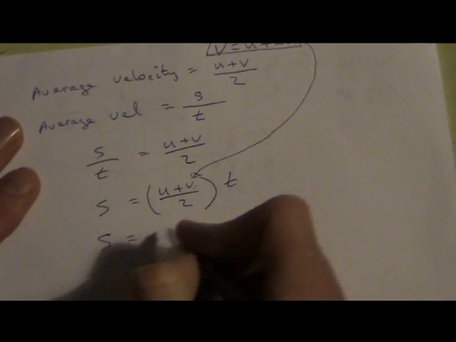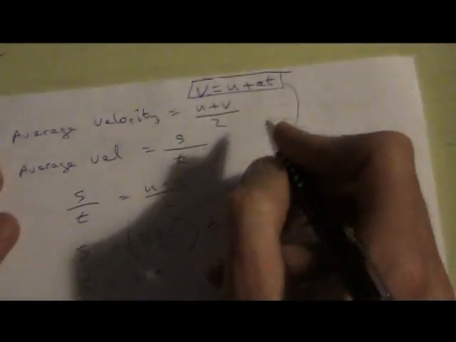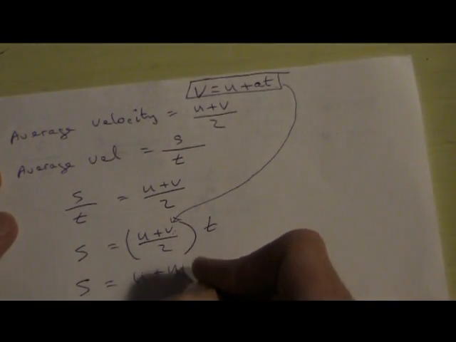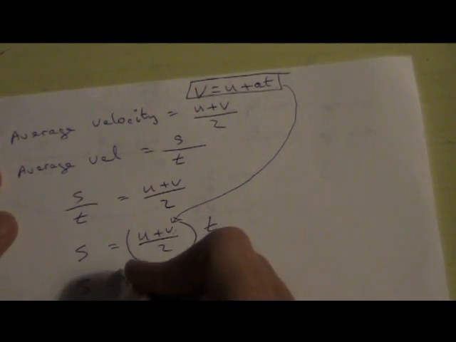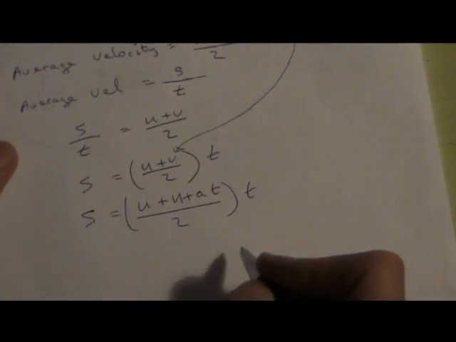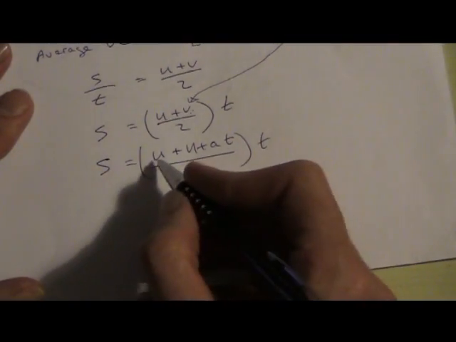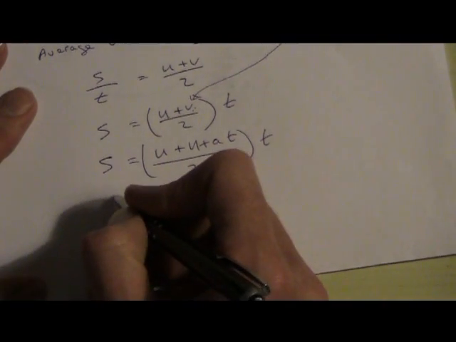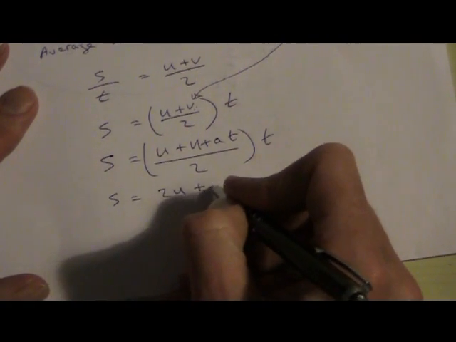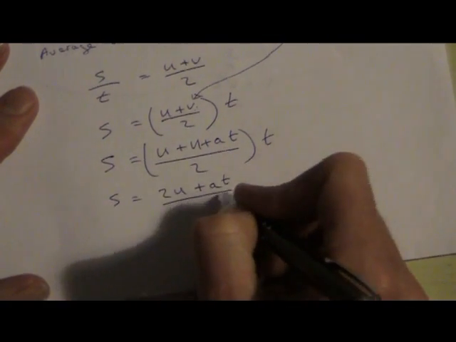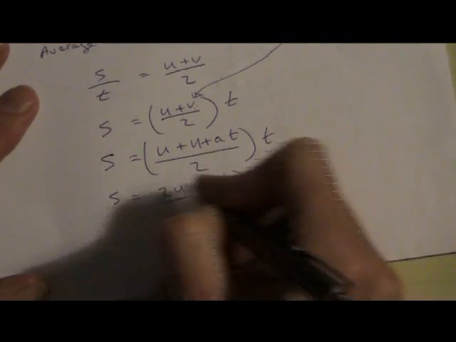So s then is equal to u plus this, u plus at, all over 2, and it's still multiplied by the t. Okay, I'll just tidy this up. So u plus u will give you 2u, s equals 2u plus at all over 2, all times t.